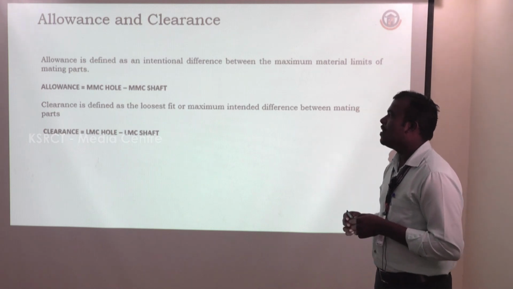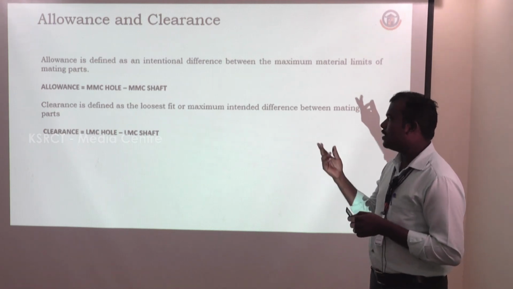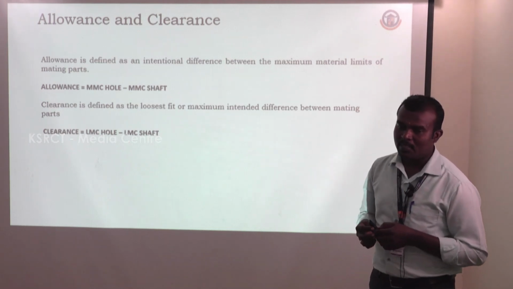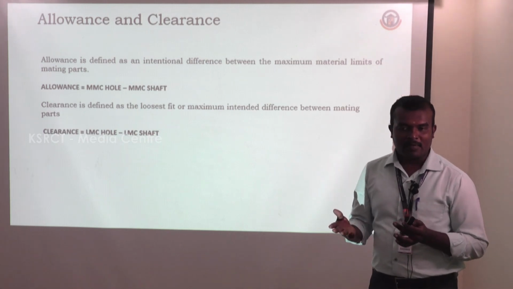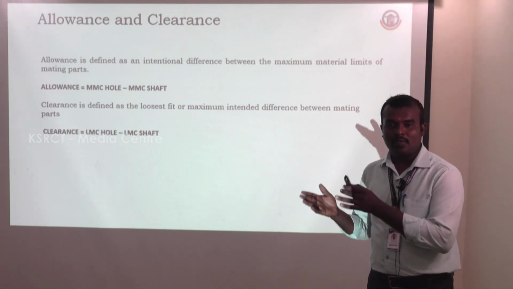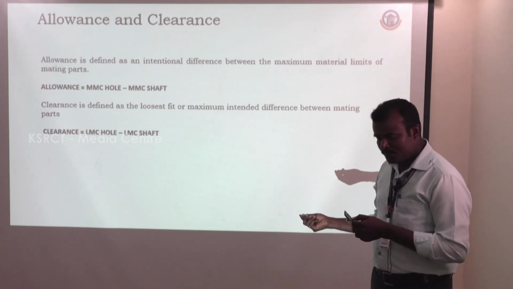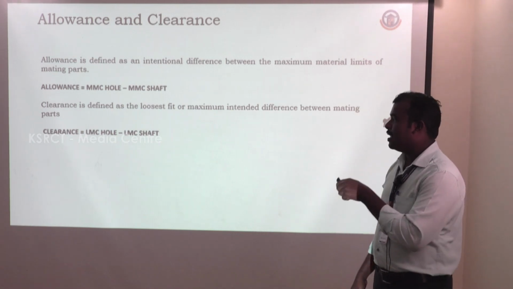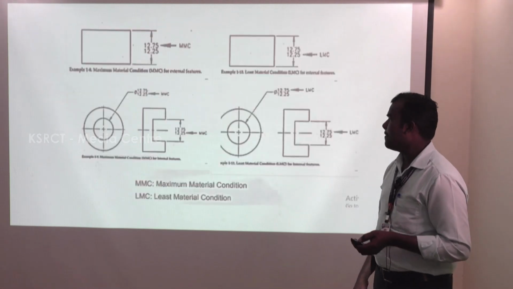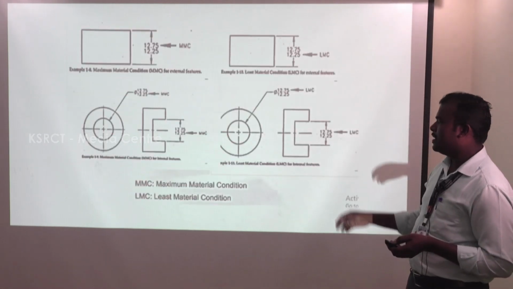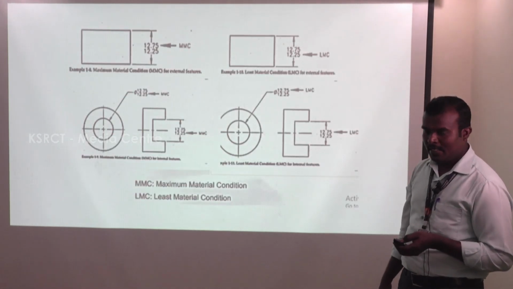The formula for allowance and clearance is: allowance equals MMC of the hole minus MMC of the shaft. That is, maximum metal condition of the hole minus maximum metal condition of the shaft. I will give an example for that, and for the clearance also. It is an example for maximum metal condition and then least metal condition.